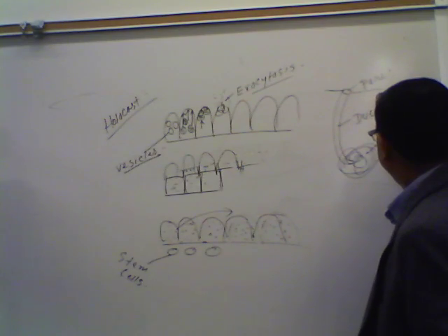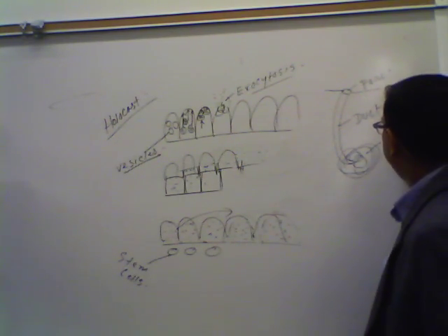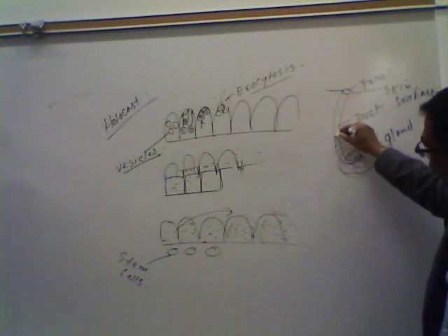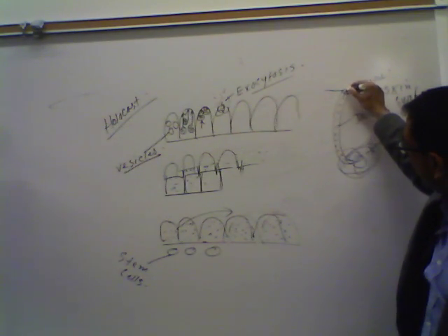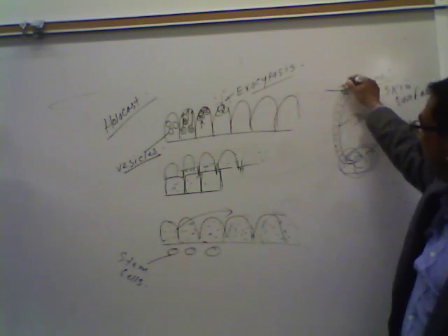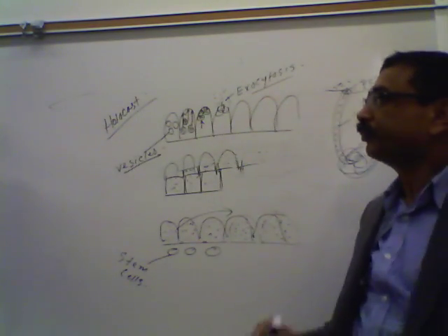This is the gland. The skin surface. So from the gland, the secretion gets out through the duct and is released to the surface of the skin through the pore. So it comes out.